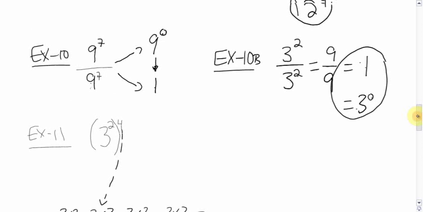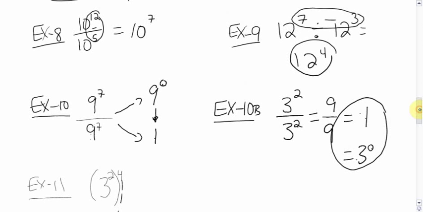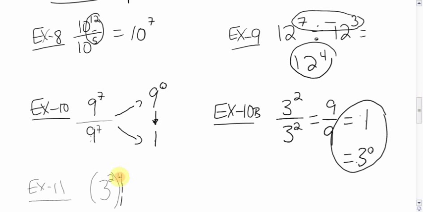Okay, now, let's take a look at this. 3 squared raised to the power 4. A power raised to a power. What we're saying here when we say it's to the power 4 is we're going to write 3 times 3, 4 times.